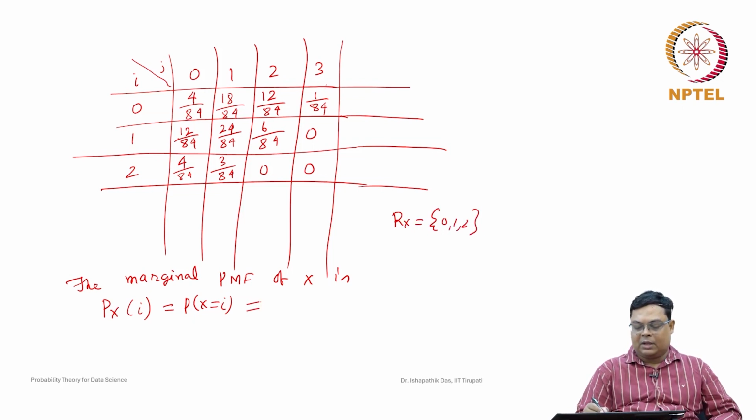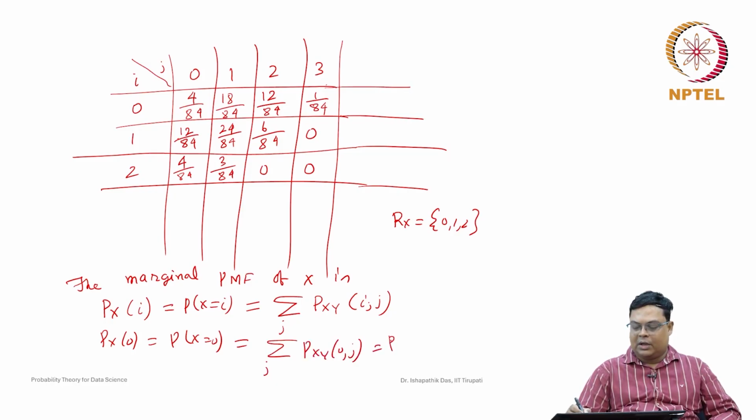By definition, we have to take the sum of all the values of the joint P_XY of i, j. For example, if you want to find P_X of 0, this is the probability that X is equal to 0, which is the sum over all j of P_XY of 0, j.